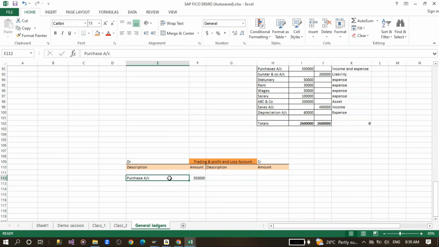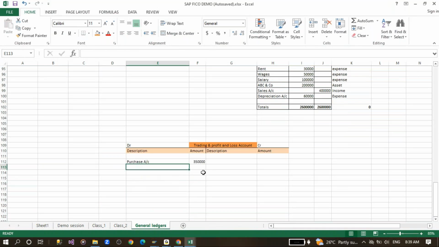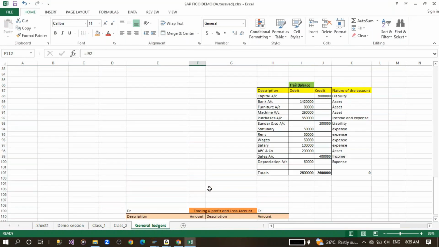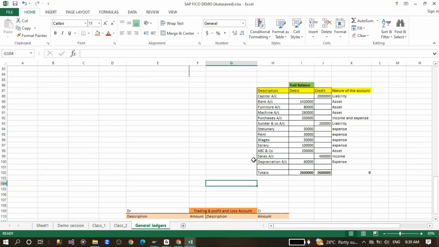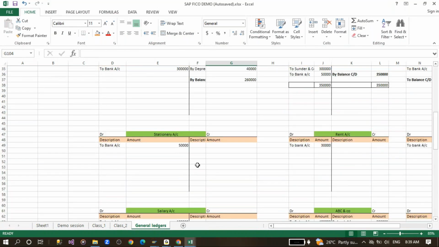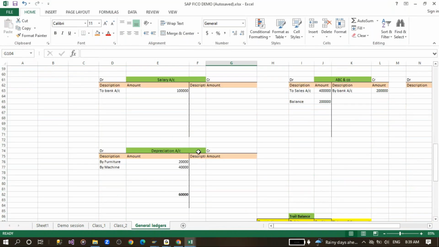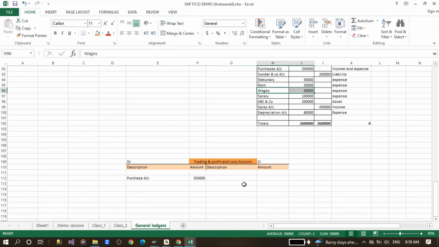In the day-to-day business activity, what are the direct expenses and direct incomes to manufacture? Purchases is a direct expense, and after that we take wages, correct? Wages is also a direct expense. For the machine, we should pay the engineers who are working, so wages are 50,000.